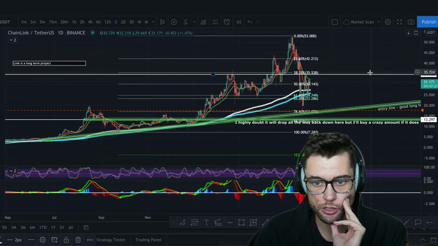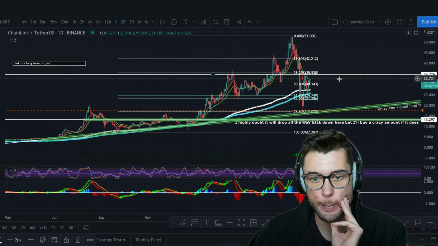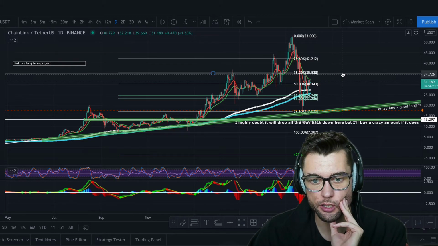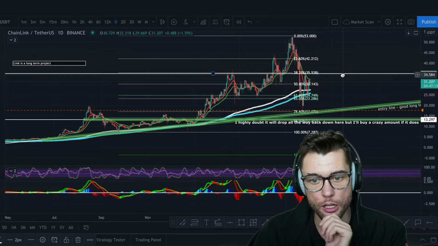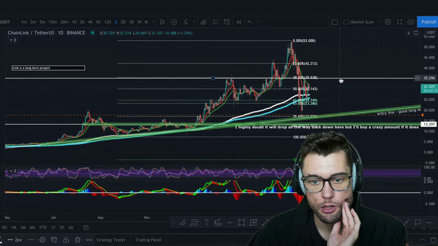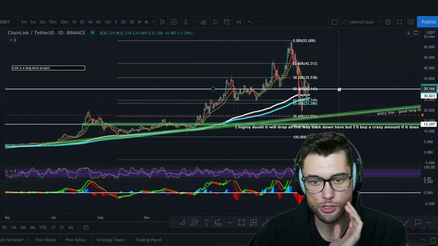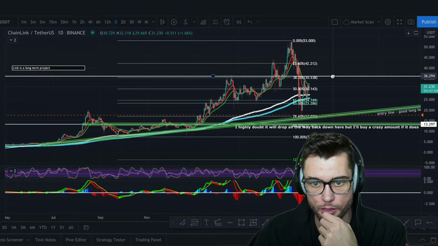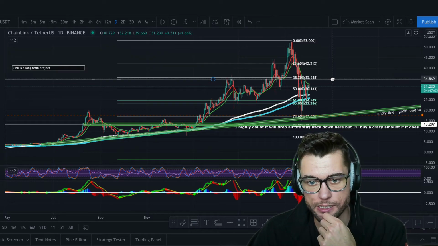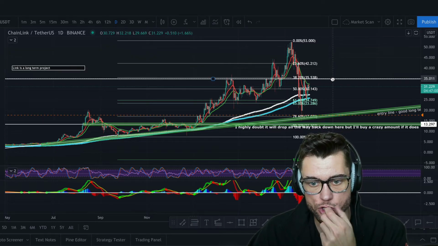This was the first major resistance right here, and then this was also a major resistance. So actually, wait a minute. It didn't even make it all the way back up to here. It should have made it back up here, to be honest.